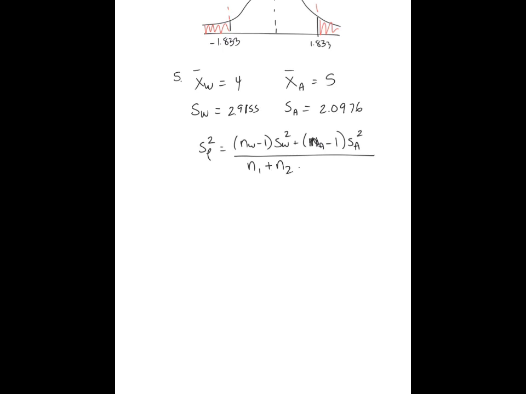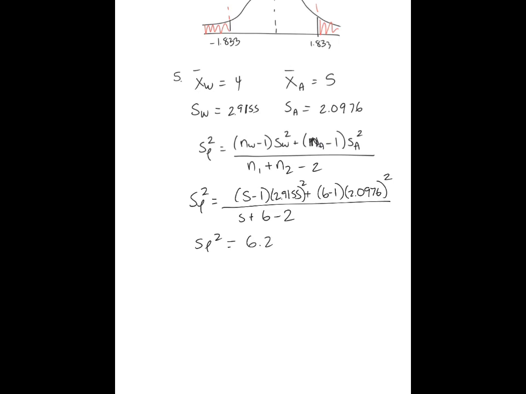And the denominator is n1 plus n2 minus 2. So the S_p squared in this case will be 5 minus 1 times 2.9155 squared plus 6 minus 1 times 2.0976 squared, all divided by 5 plus 6 minus 2. And the pooled variance is 6.222.